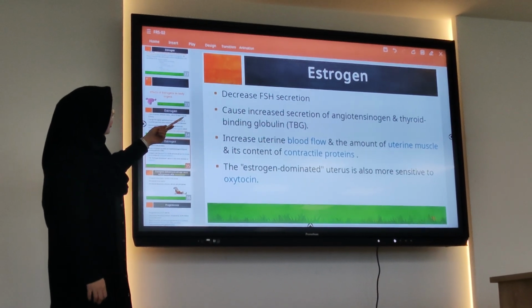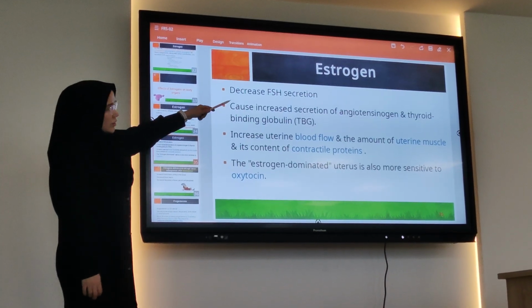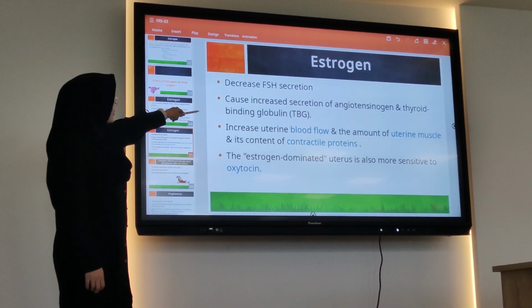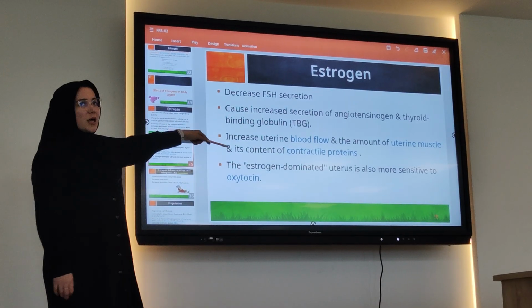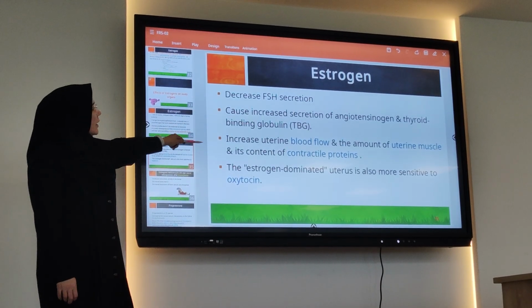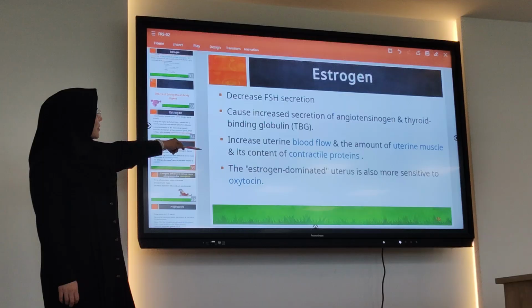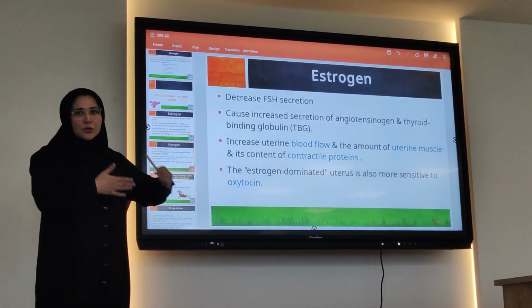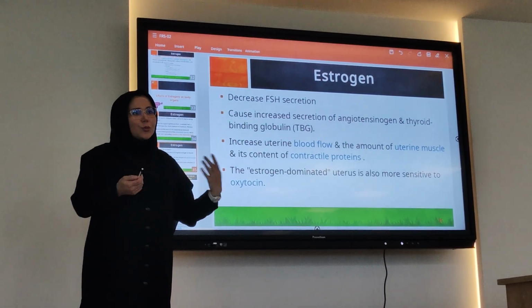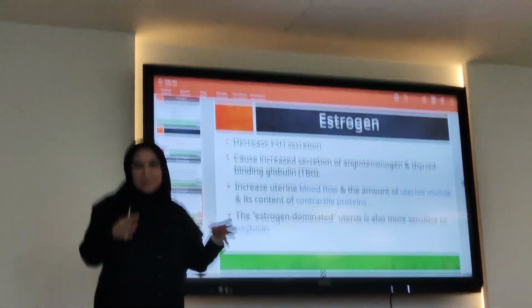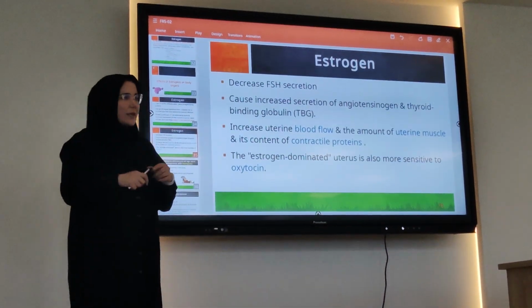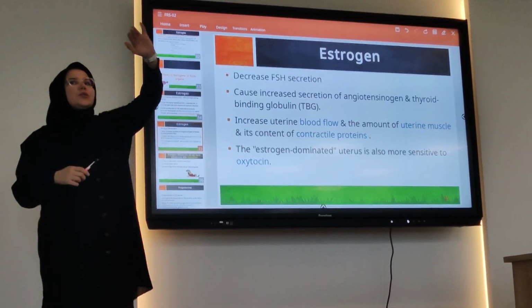Estrogen increases the secretion of some other proteins such as angiotensinogen and thyroid binding globulin. Estrogen increases blood flow of the uterus, and increases muscle mass and contraction of the uterus. So during pregnancy, this hormone is important for the final stage of pregnancy, that is labor. During labor, estrogen is going to be high.